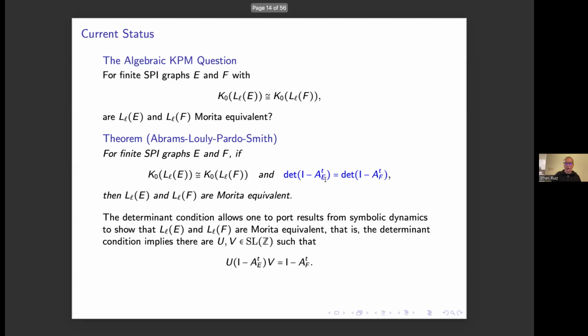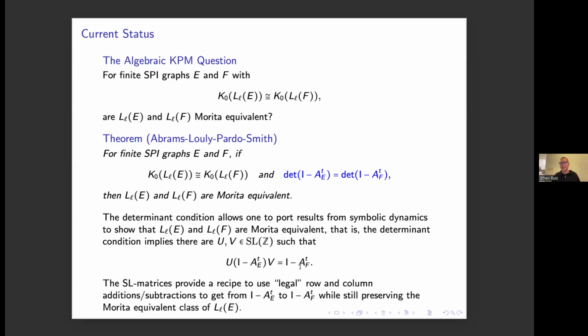What the determinant condition gives us is SL matrices over the integers, so determinant equal to 1, which somewhat conjugate one of the matrices to the other. And then we know from linear algebra that U and V, since they're SL matrices, can be decomposed as products of elementary matrices. And you just have to be a little bit careful in how you decompose it.